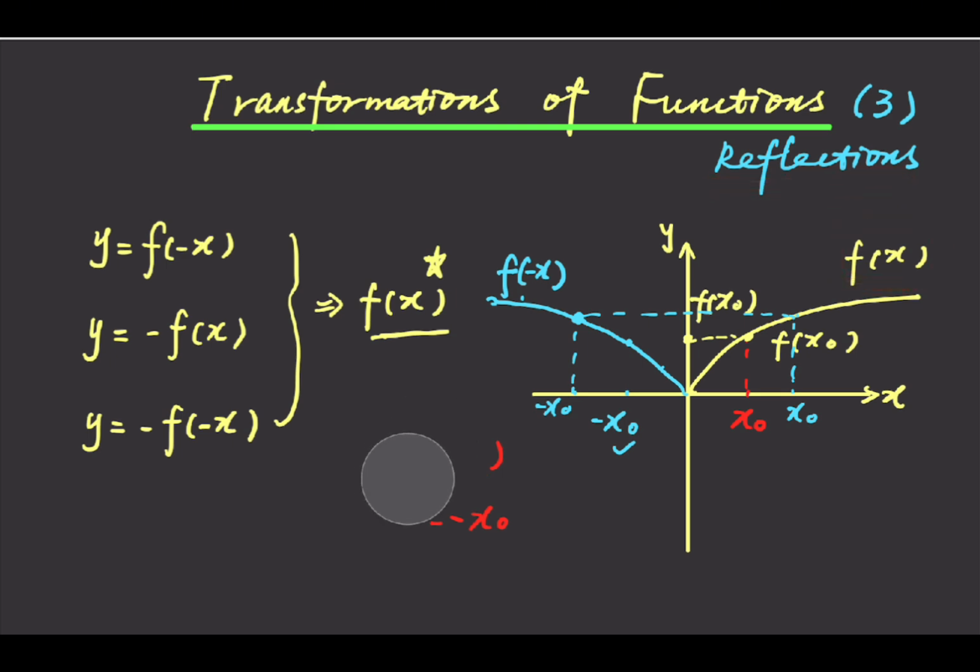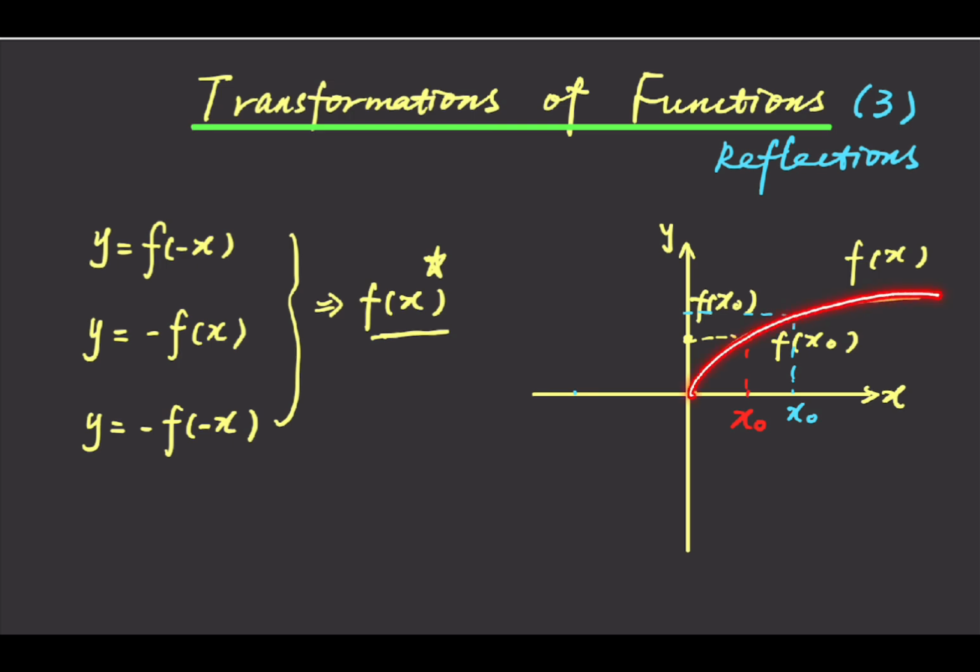Okay, now let's move on to the next situation. For this situation, negative f(x). From the expression, you will find the original function is still f(x). We still assume the original function's graph is the same. But this time, the new function is just the opposite value of the original function.